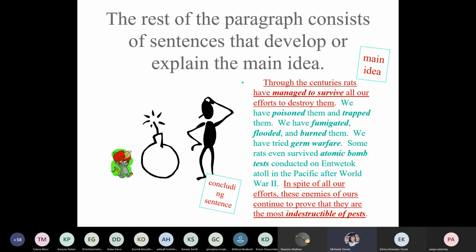Rats? No. The topic sentence isn't going to be one word. Remember, sentence. Think about it. What is the topic sentence here?